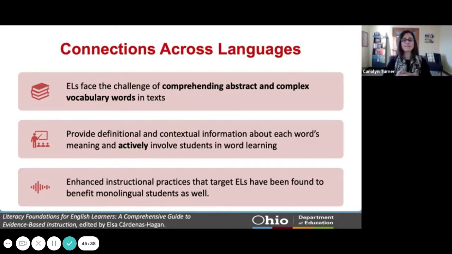So we provide definitional and contextual information about each word's meaning, and we actively involve the students in the word learning. If you go and watch any of the videos with Anita Archer, when she does an explicit instruction vocabulary routine, she is actively engaging the students with the word or with the content. She's having them repeat the word. She's having them turn and tell their partner what the word means.